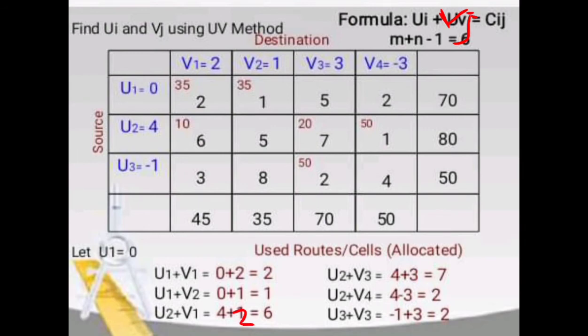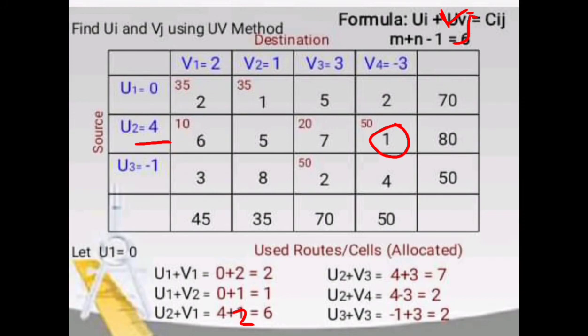And then this cell is U2. We have 4, the V3. So we have to add a number in order to make it 7. So we add 3. So our V3 is 3. Next is these cells, which is 1. From the U2 we have 4.